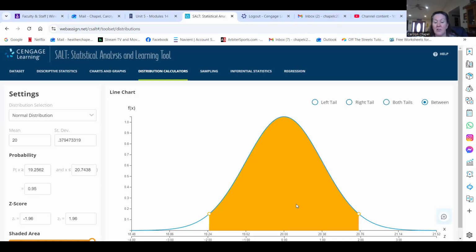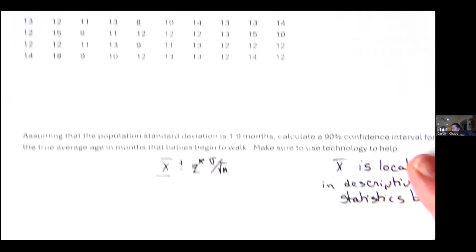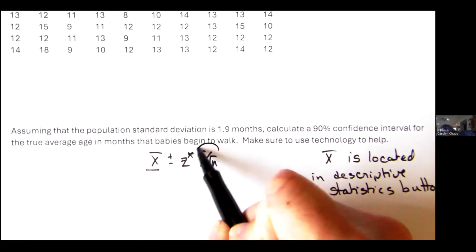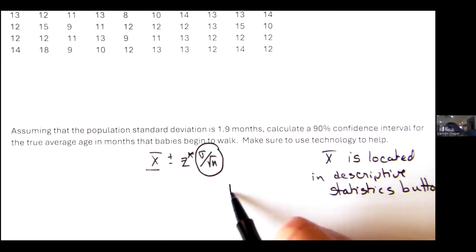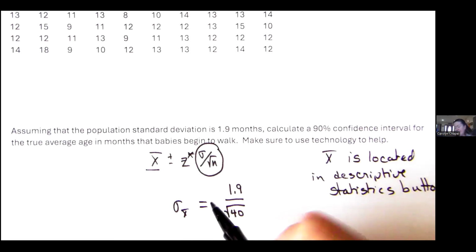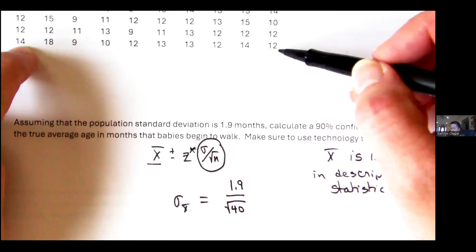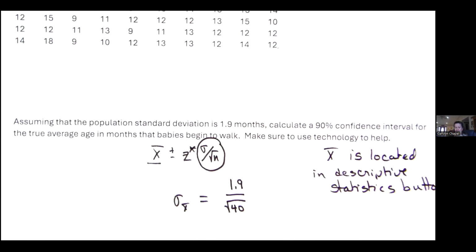So we will make sure to use the standard error, not the one that is given to you in the descriptive statistics. We have to make sure to use this one, which would be 1.9 divided by the square root of 40. That will be the standard deviation that you'll be entering into SALT, not the standard deviation you get from the sample. So just be aware of that.